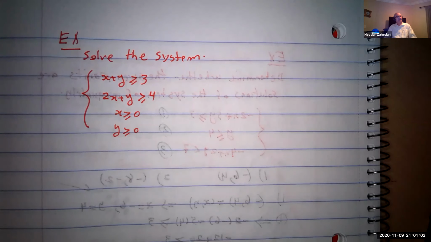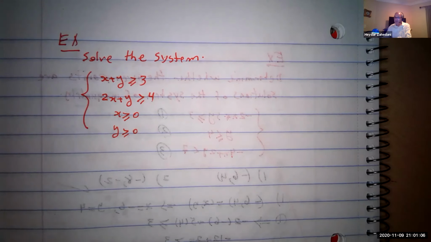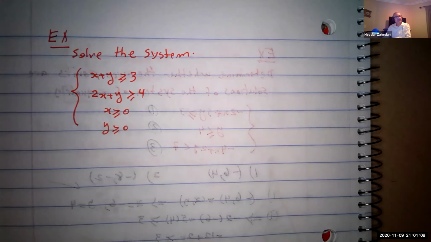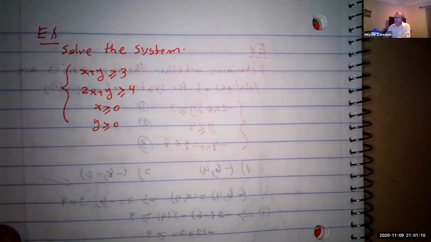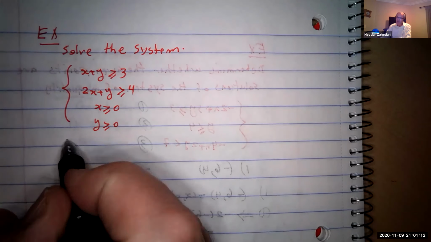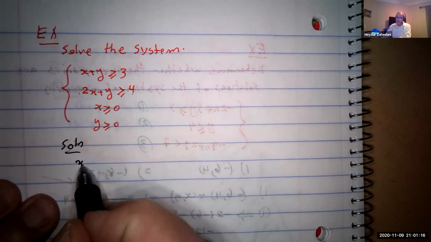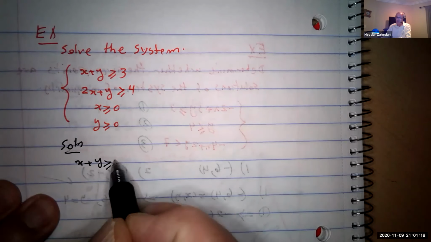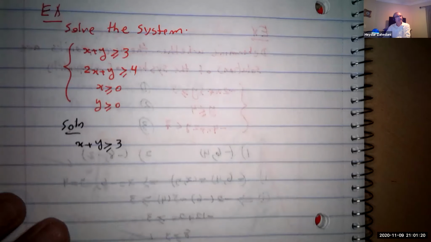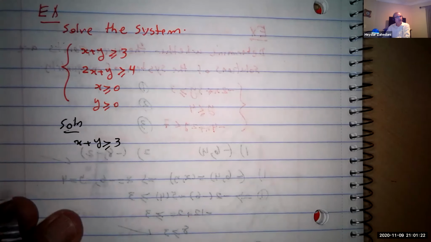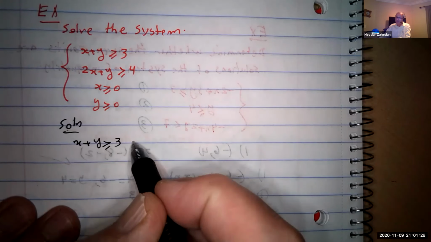To get these numbers, take each one of them and graph them in one system of the equations. Are you ready? We go with the first one, x plus y greater than or equal to 3. If you like, you can solve for y so that you can see that it's going to be above.